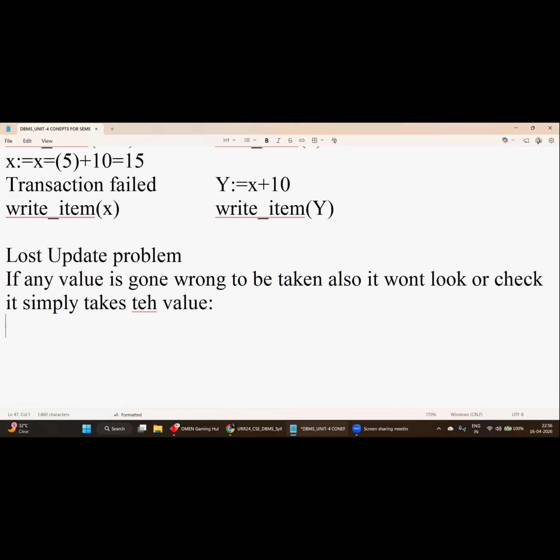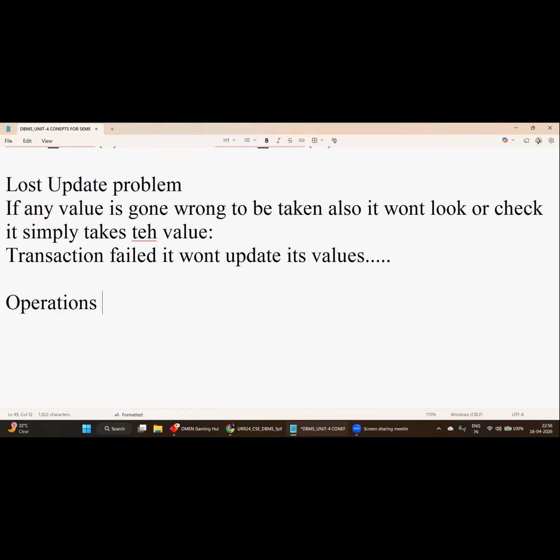Even though the transaction failed, it won't update its value. This is about the problems occurring in it. And the operations we perform are read item and write item. These are the two operations we perform in this.